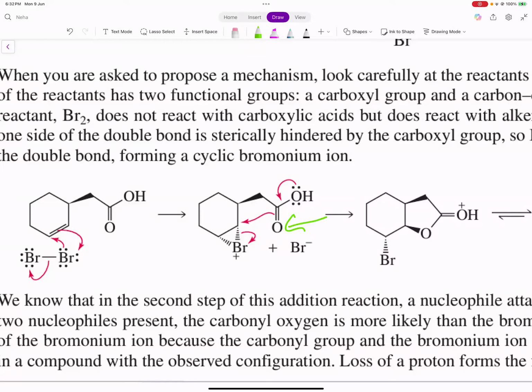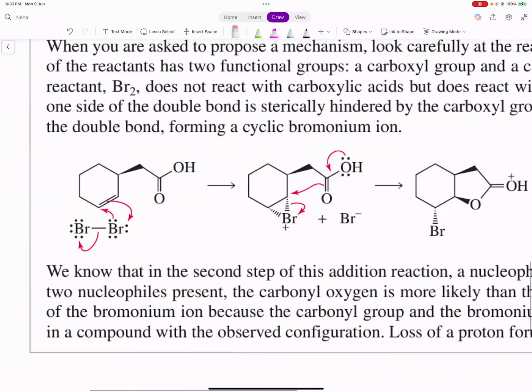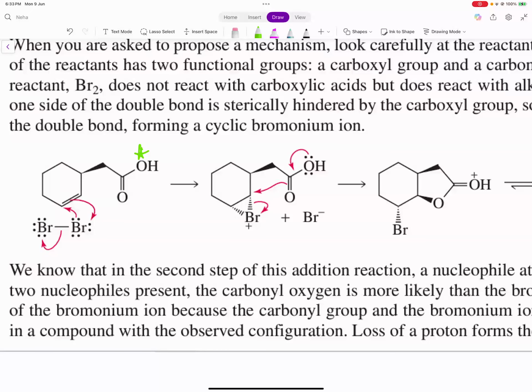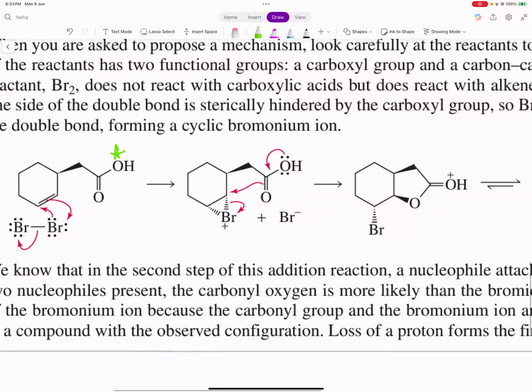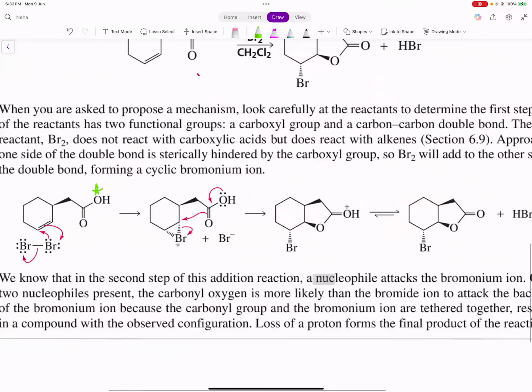We could have also attacked this one, right? But this will not attack; this will attack. So now, see, if in the exam one is isotopically labeled, this star one, let us say this was isotopically labeled, then obviously the final product will be where this star will come here.